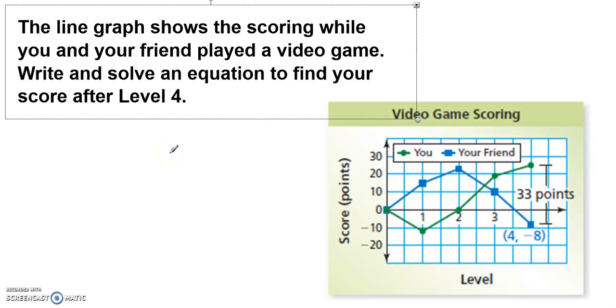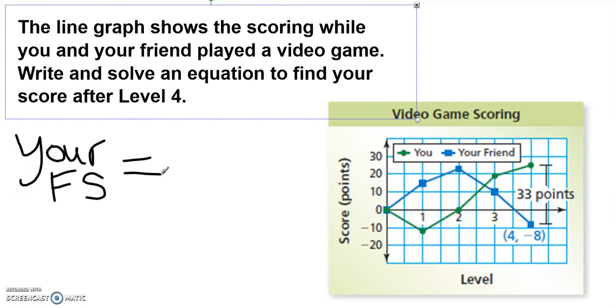The line graph shows the scoring while you and your friend played a video game. Write and solve an equation to find your score after level 4. Okay, so this right here is level 4. So at level 4, we want to do your friend's score equals, let's see, it equals 33, so this is your friend's score, so it's 33 points less than your score.